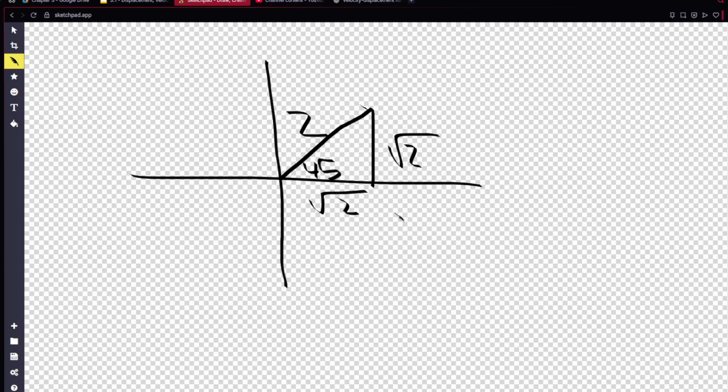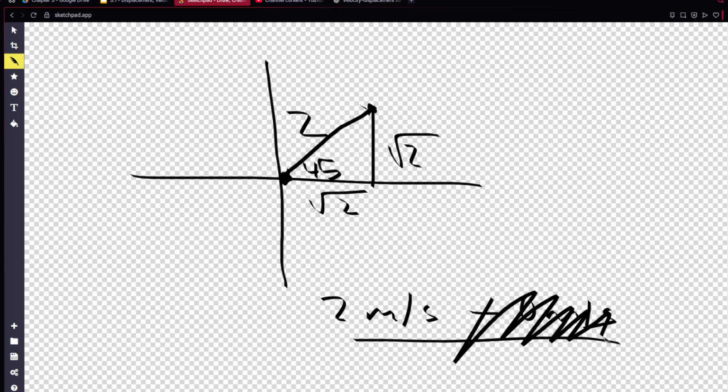So if this was the final velocity and initial velocity, that means the change is 2 meters per second minus 0 meters per second, because it's a state function and we're only measuring the difference between these 2 points.